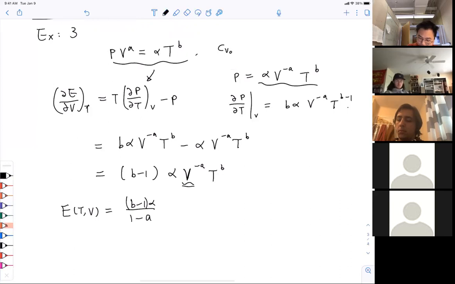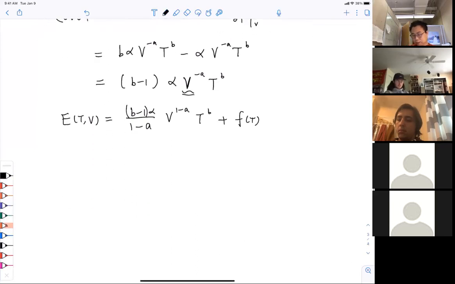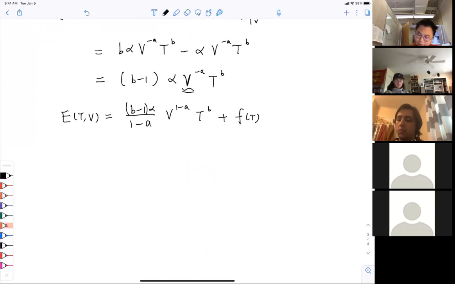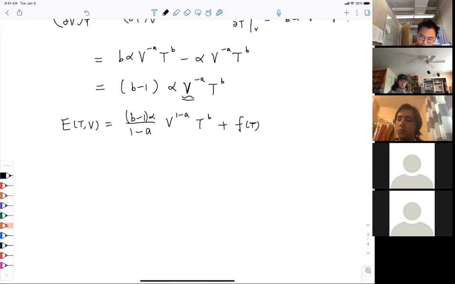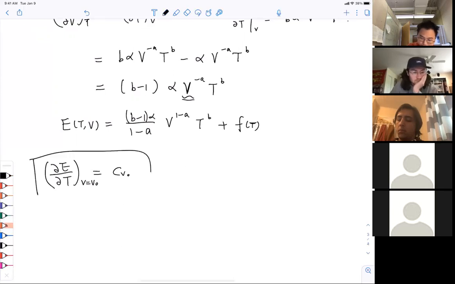Minus 1 minus A, TB plus some function of T. Then another condition we know is C V naught. Something like this. So we just plug in and determine what this undetermined F of T is.